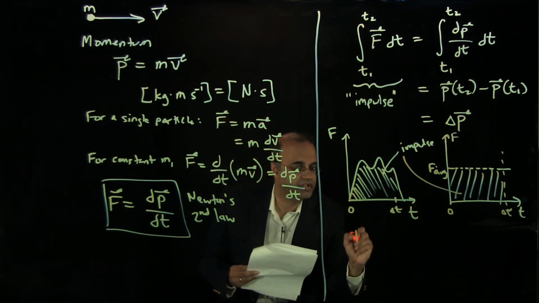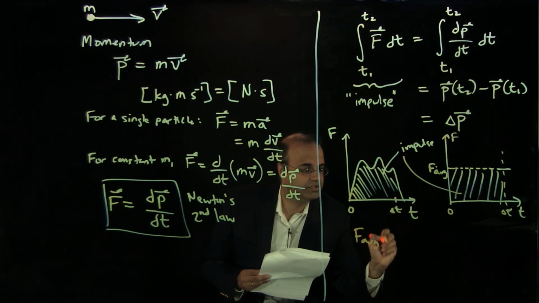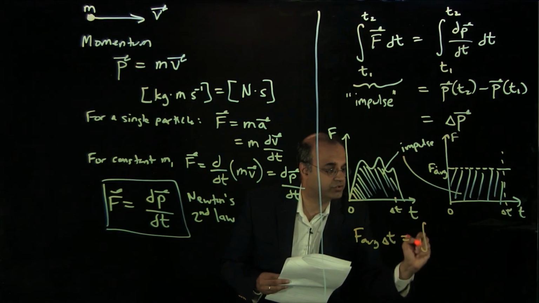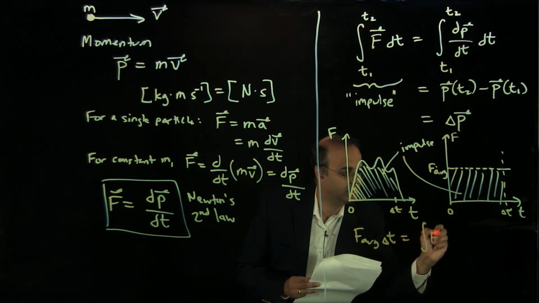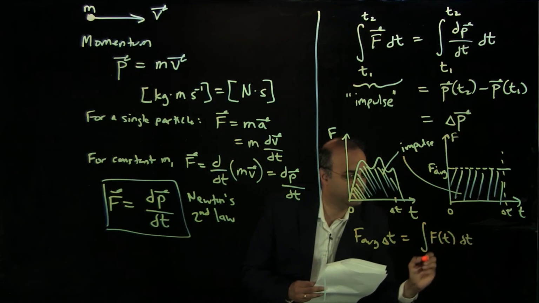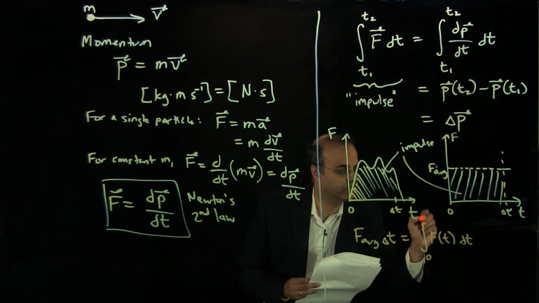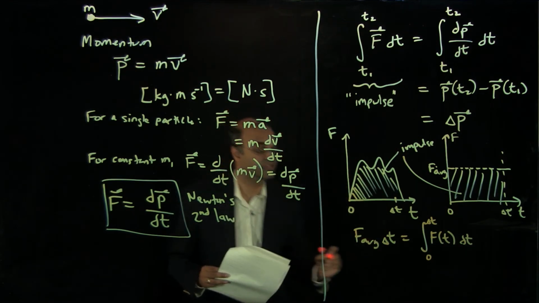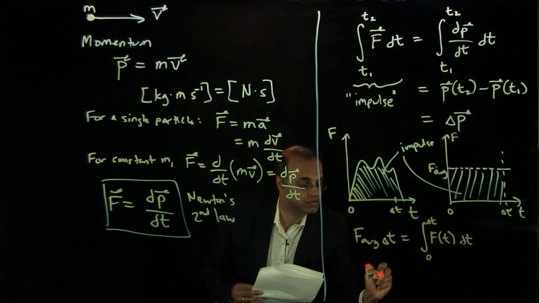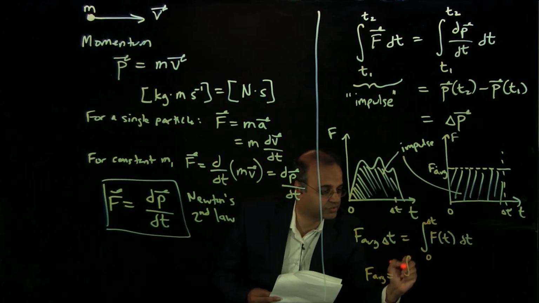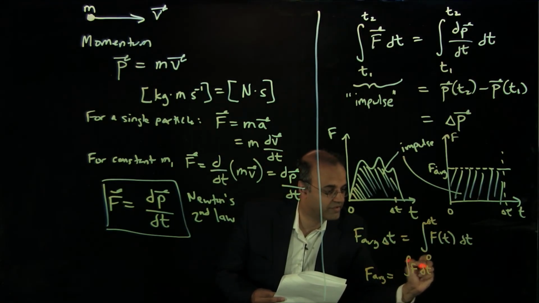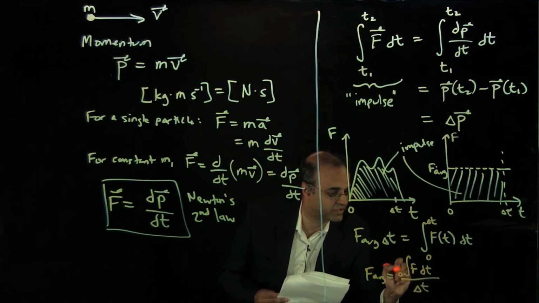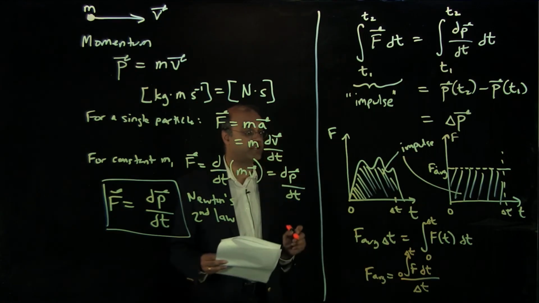So in other words, F average times delta t, which is the area on the right-hand side here, is equal to the integral of F of t dt integrated from 0 to delta t, which is the area under this left-hand curve. And so my average force is just that integral of F of t dt divided by delta t, integrated from 0 to delta t. So that's my average force.